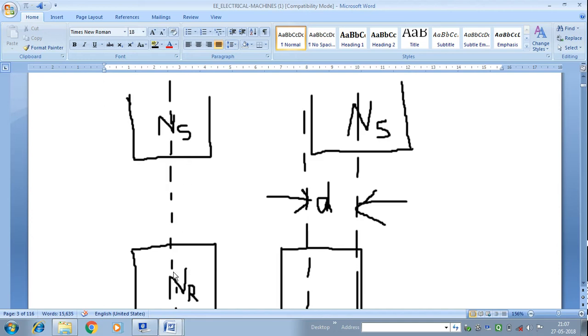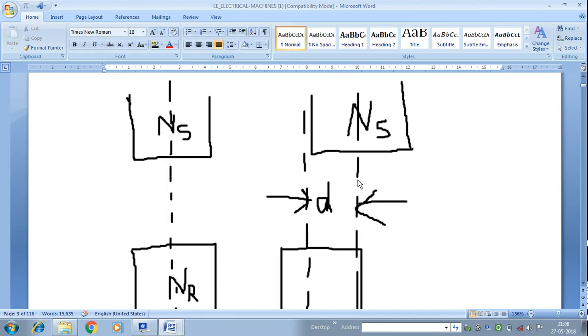When there is no load or a light load condition, they coincide, so ideally the swing angle is 0 here.